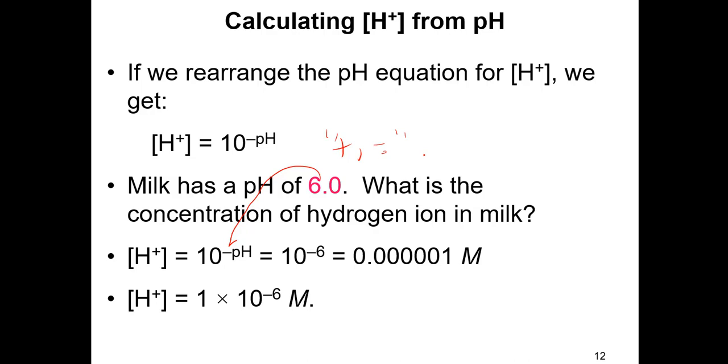That's a different symbol, and you'll get a wrong answer. So it has to be the plus minus symbol. So it's going to be 10 to the minus 6.0. And then this gives you the molarity, 0.000001 molarity.